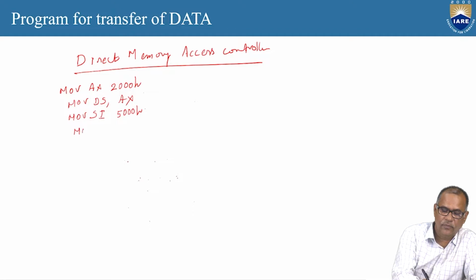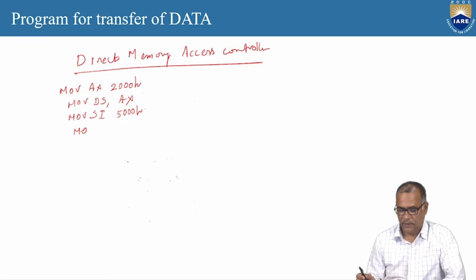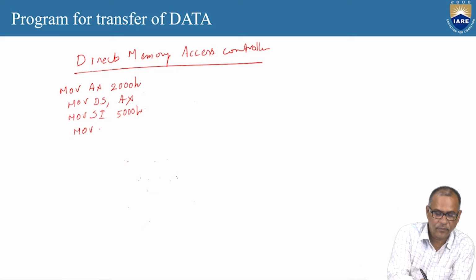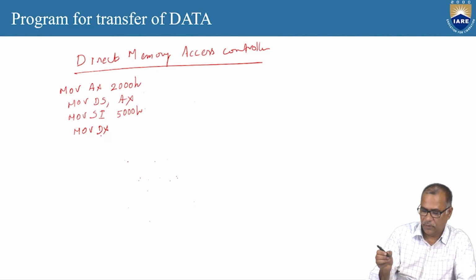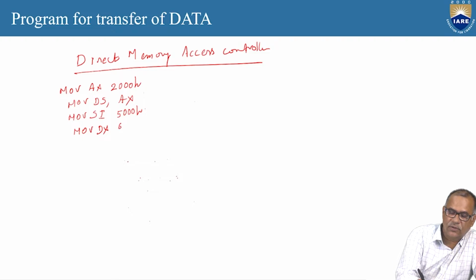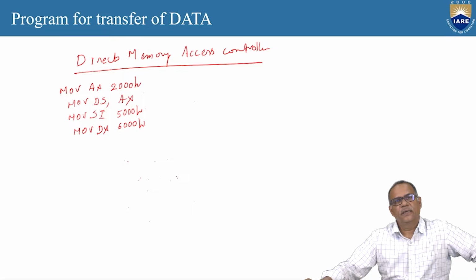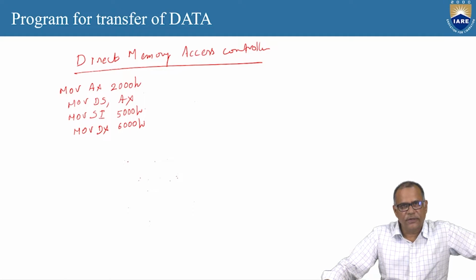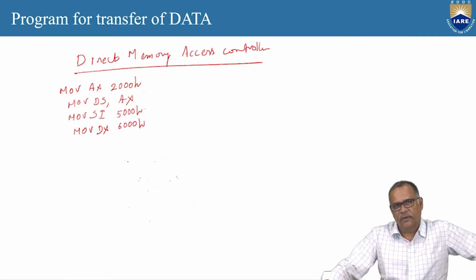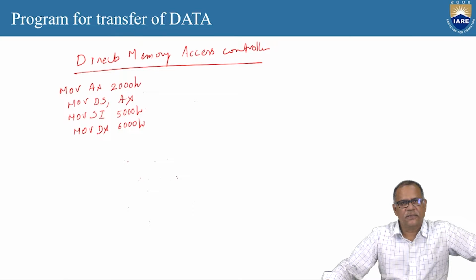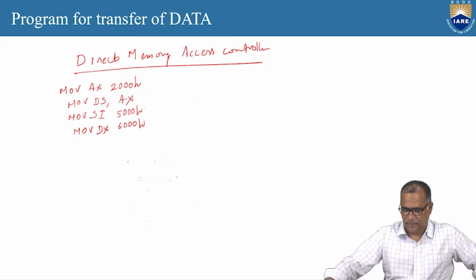Then MOV DX, 600H. So the DX register is used to point to the I/O device. For the I/O device address, the DX register is used in indirect mode of addressing.